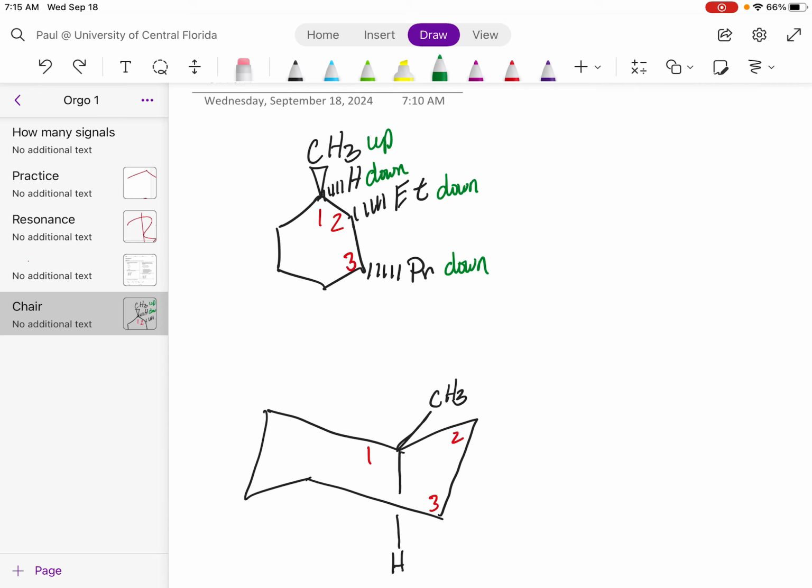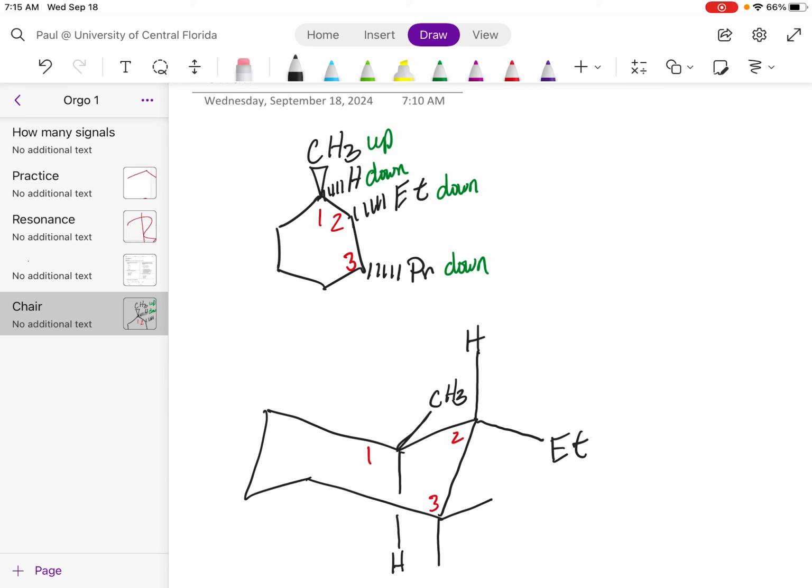If we go to carbon 2, we see that we have an axial bond up and an equatorial bond down. And we see that our ethyl group in the skeletal structure is a dashed line, so that means it's down. And the hydrogen that's not shown is up. Carbon 3, we have a bond down and a bond up.